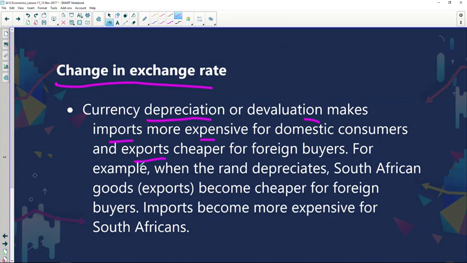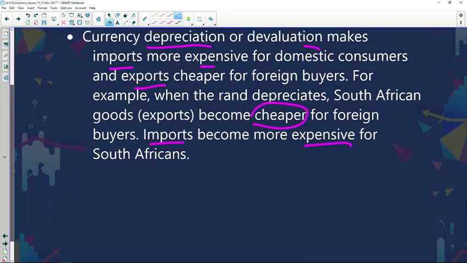So when the rand depreciates, we can export more because it is cheaper for foreign buyers. But it also makes it more expensive to import goods into South Africa because the rand is not in a strong financial position to compete with international currencies or markets.